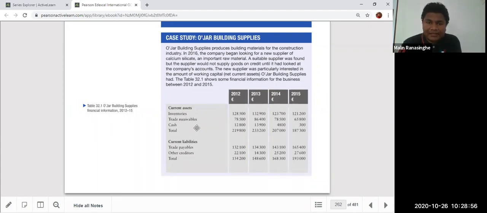You can see inventories and total current assets of 219, 220, 33, 207, 187. Current assets are going down. Trade receivables are also going down. Cash position is also going down. You can see the situation was bad by 12,800, 13,000, 4,300.